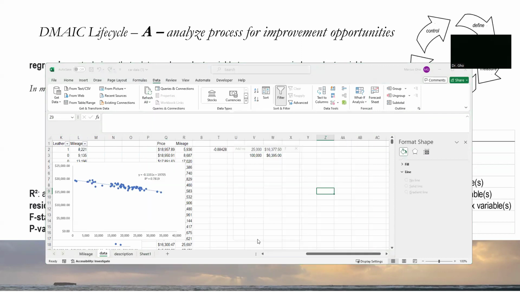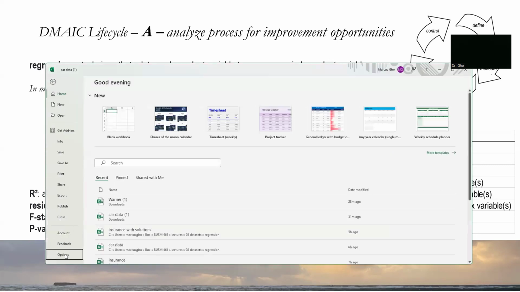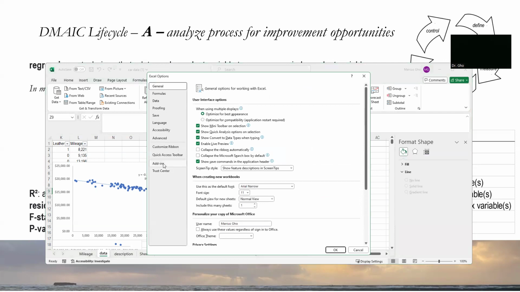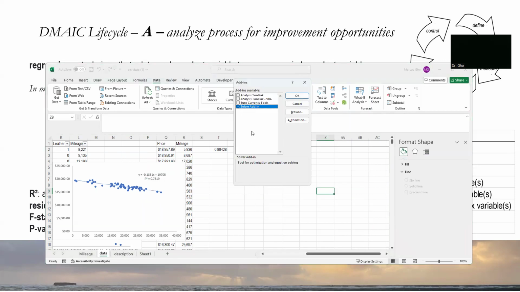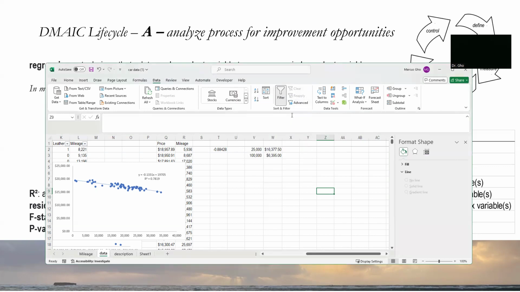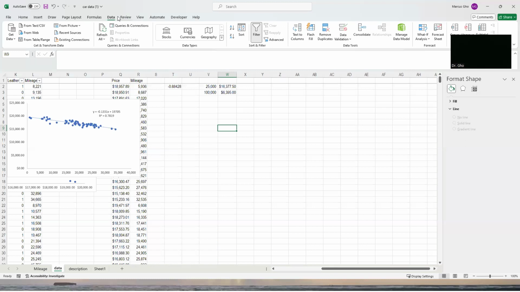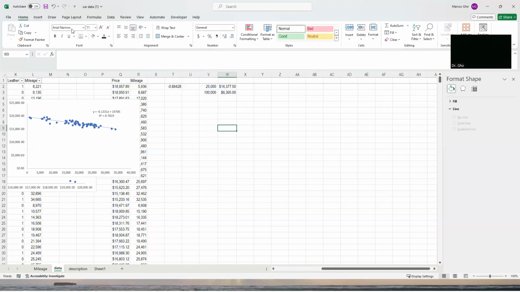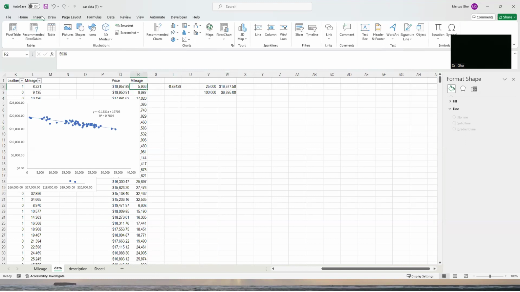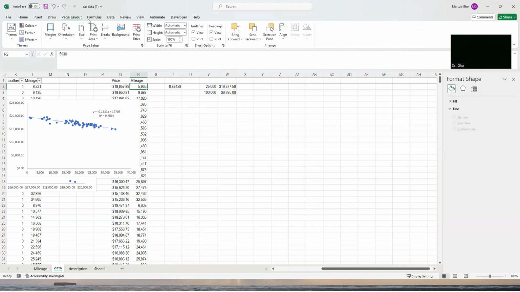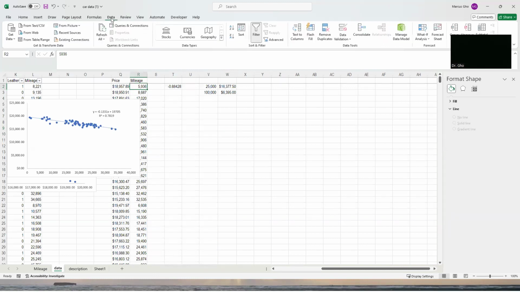I've never had this problem before my Excel 365. But I found that this works. Get it back in. So I'm going to click on that. And it should be under data.